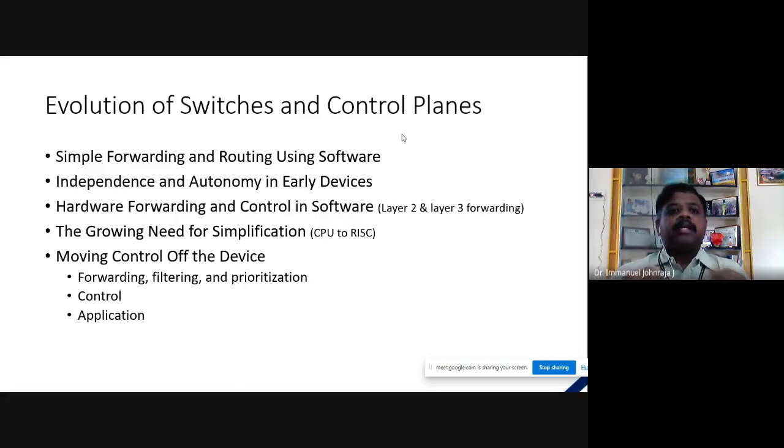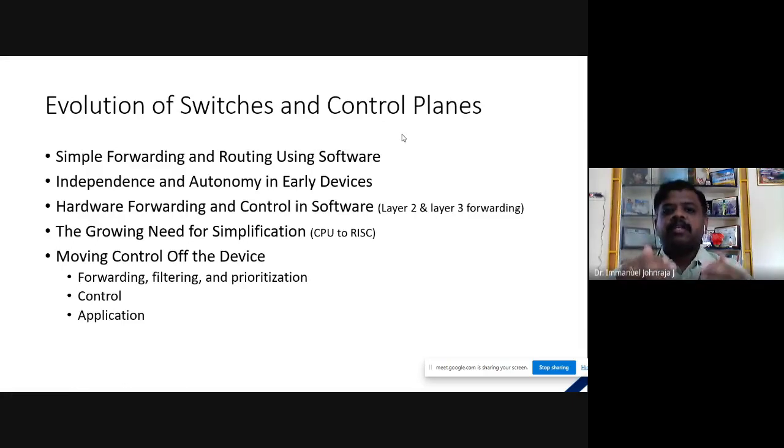Earlier, you had the CPU, central processing unit, in its place, and you had a number of software programs running. The input is fed to the software. It takes the decision where the packet has to be forwarded, and then the decision was taken.